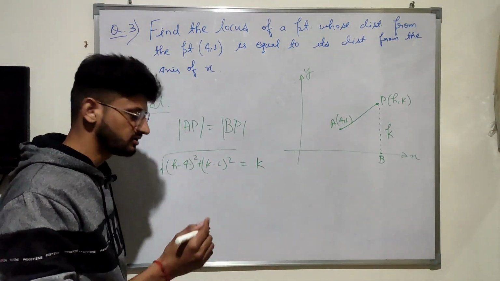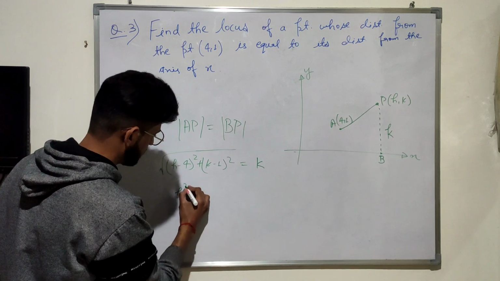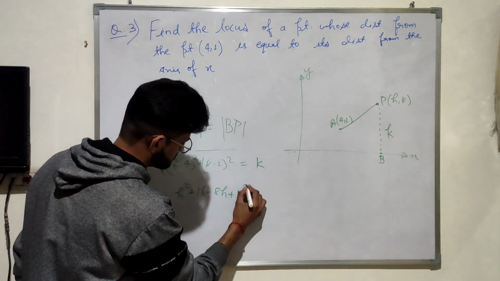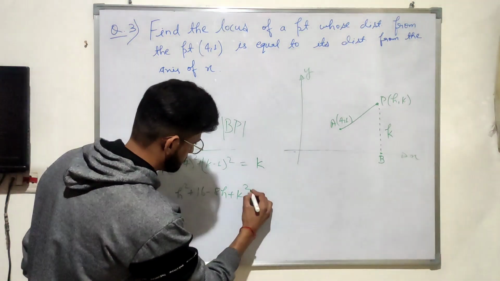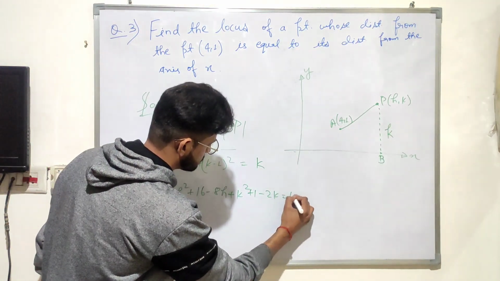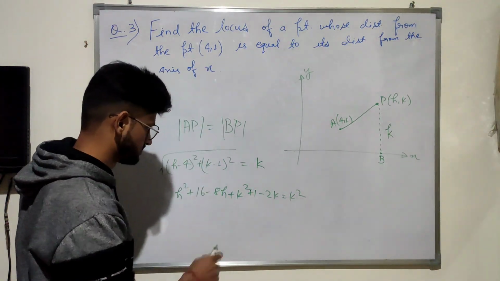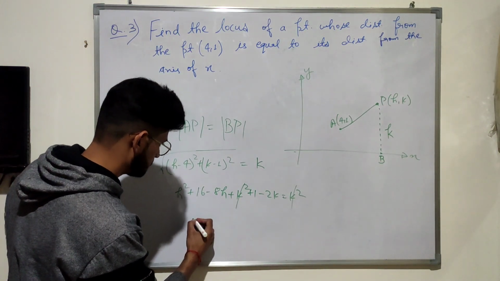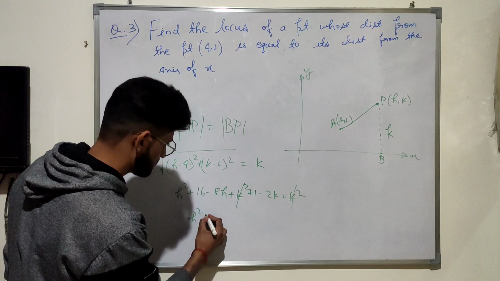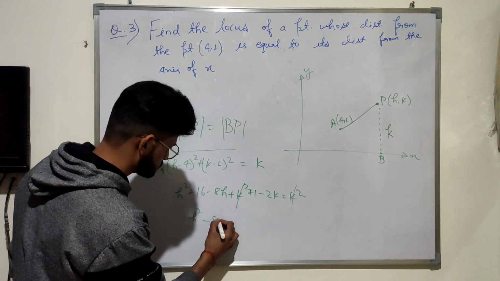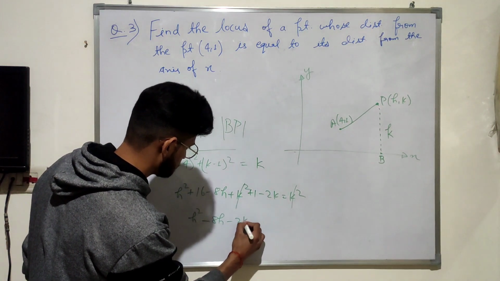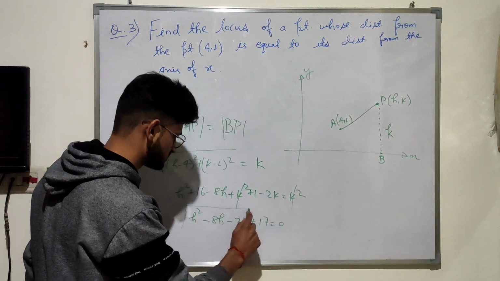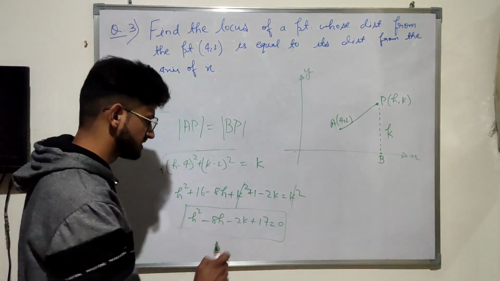After squaring both sides, we will be getting h square plus 16 minus 8h plus k square plus 1 minus 2k is equal to k square. So k square will cancel out. After solving, we get h square minus 8h minus 2k plus 17 is equal to 0. This is our final equation in terms of h and k.